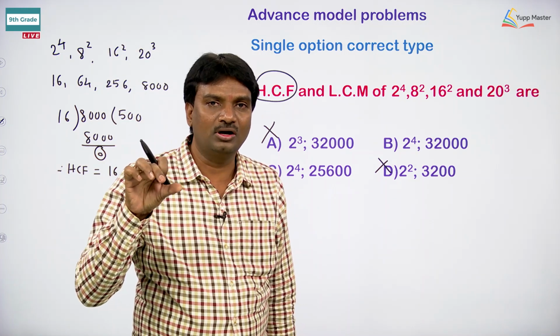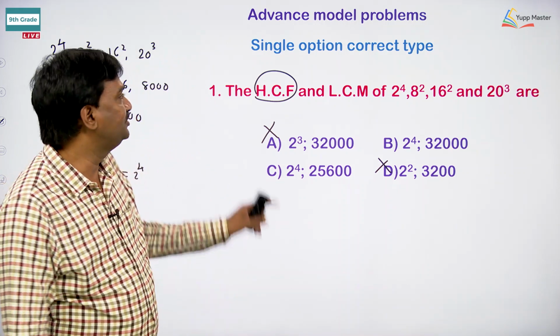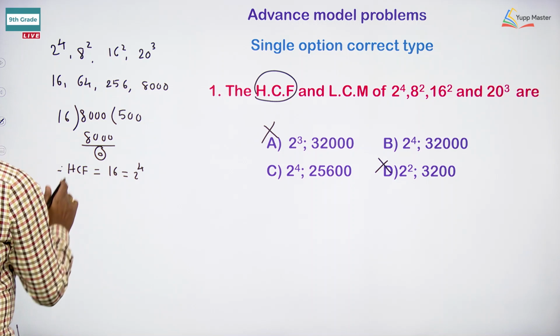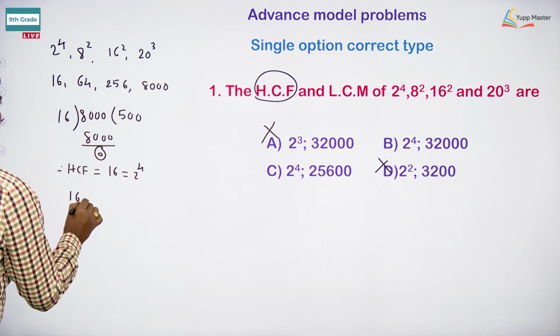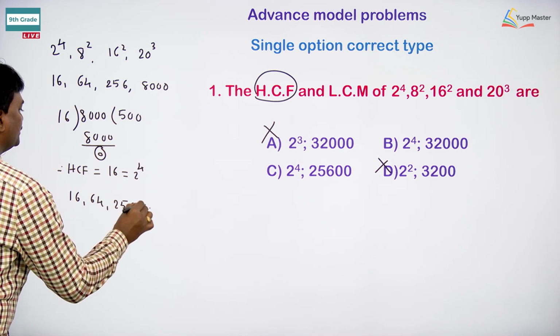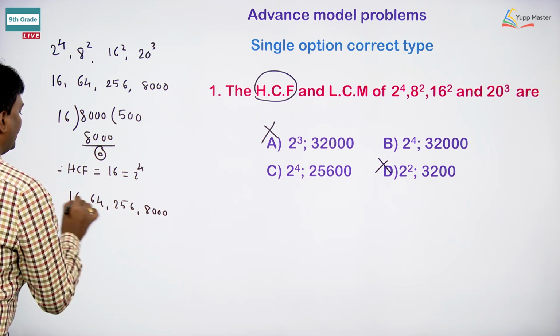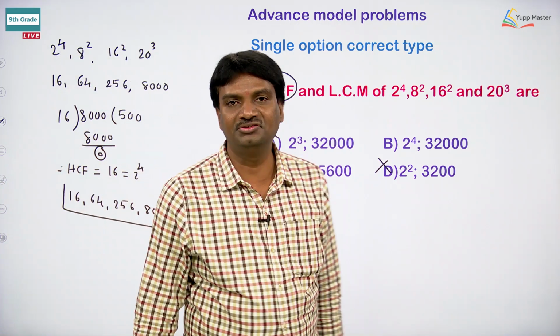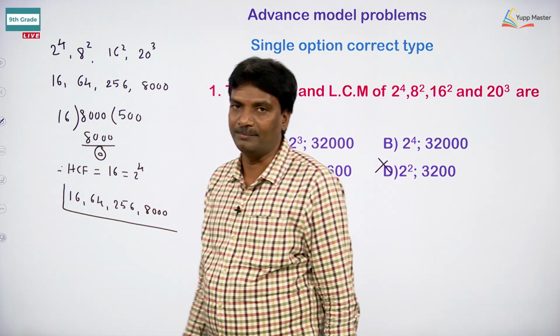To get the correct option we have to find the LCM of the given numbers. So we take 16, 64, 256, 8000. We know how to find the LCM of the given numbers.